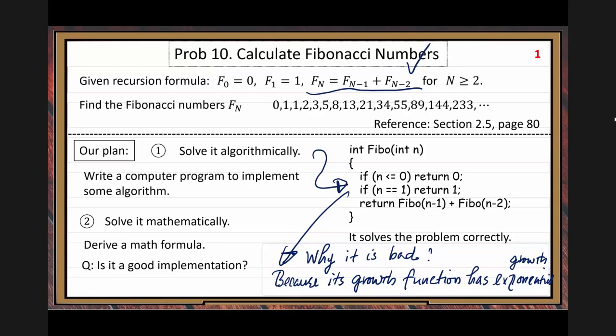Here we do not know the Fibonacci formula, so you may not know what kind of exponential growth. So this exponential growth relies on the Fibonacci formula. We will see that soon.